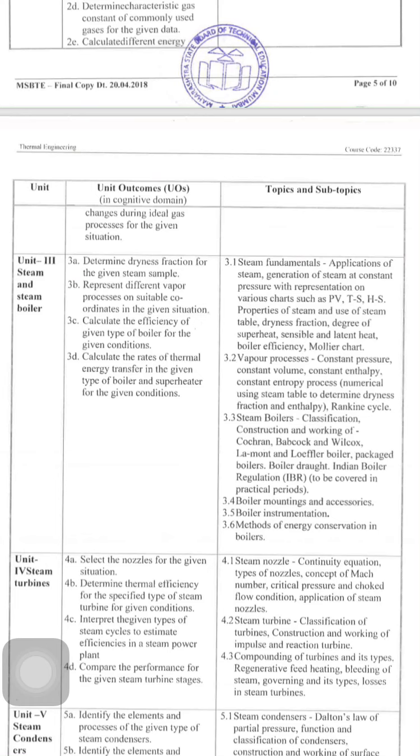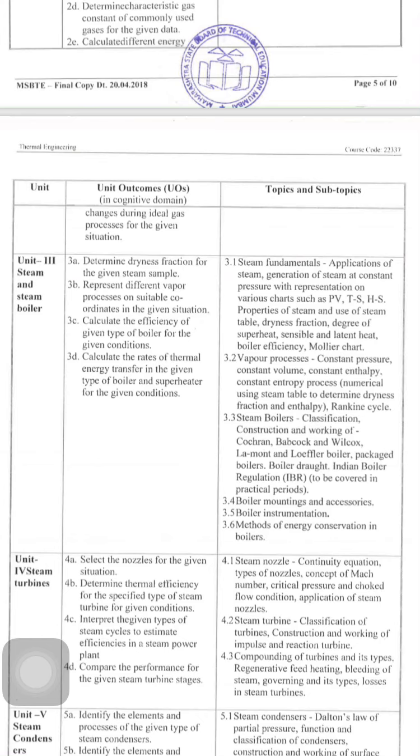Then we have to study the dryness fraction of the steam, degree of superheat, sensible and latent heat. These are the two types of heat, sensible heat and latent heat. Finally, we have to define what is meant by boiler efficiency and the Mollier chart.